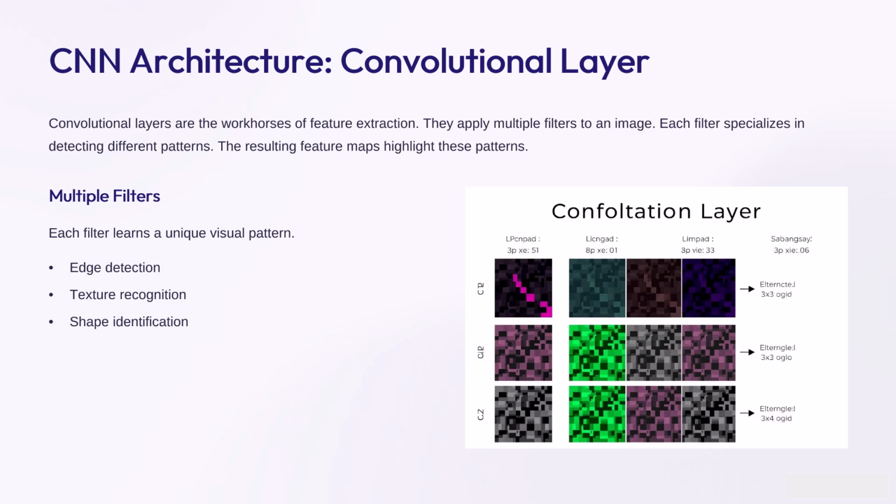Just like we can see in this slide, there are multiple filters. The first layer detects simple things like lines, curves, and edges. It is done in the edge detection layer.